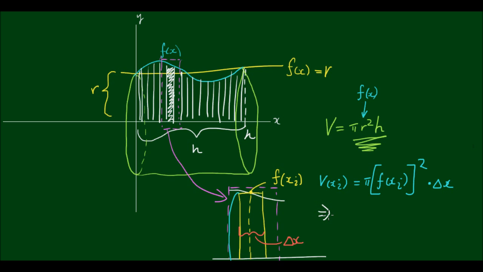So I can say that V is equal to the sum from i equals 1 to i equals n, so we have a certain number of strips, of pi times f of x of the ith strip squared delta x.